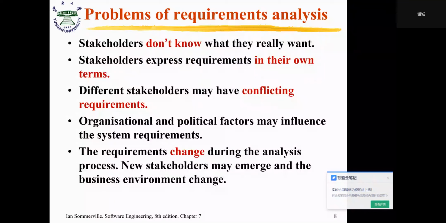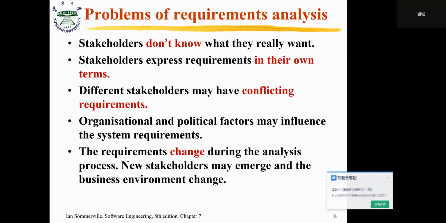There are many problems during requirement discovery. These problems are normally faced because the stakeholders are totally different. The first one you already know: the stakeholders do not really know what they want. Stakeholders express requirements in their own terms.